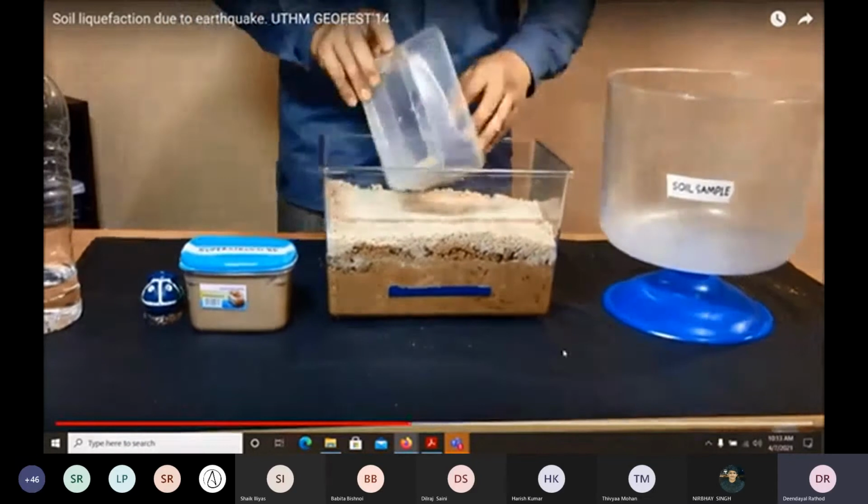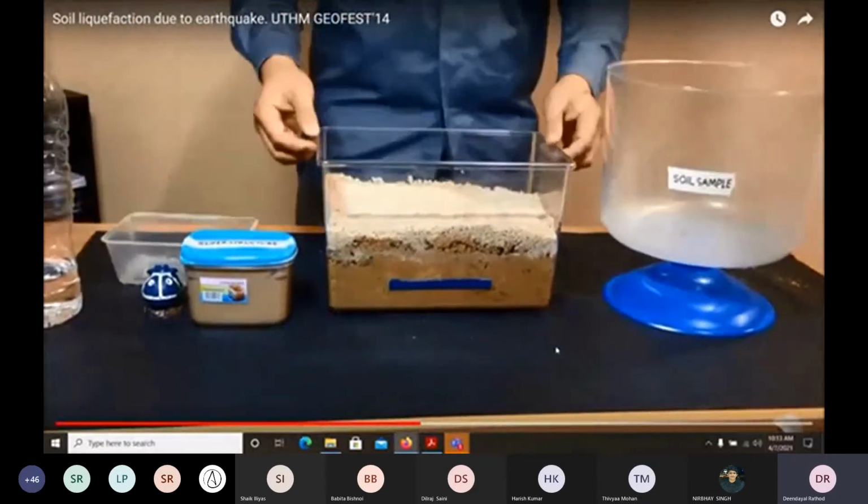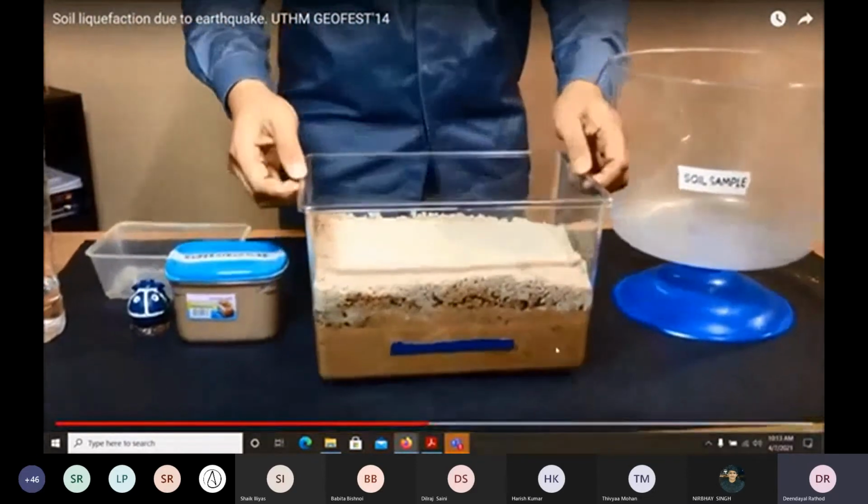This liquefaction happens in sandy soil only.